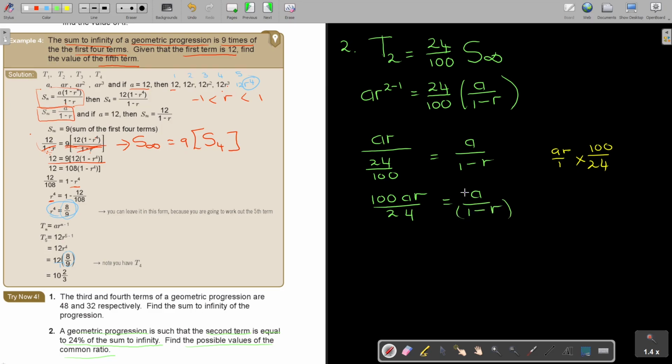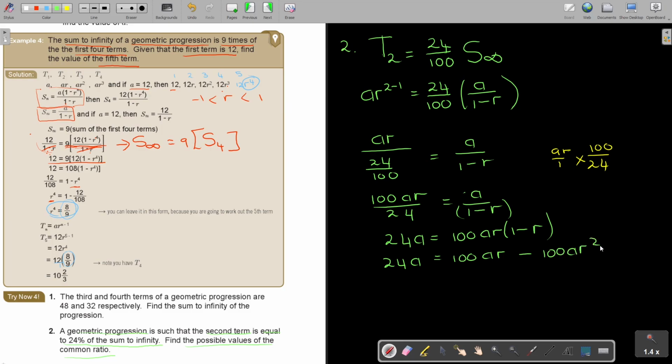It's one term equals one term, so I can cross multiply. So I get 24a equals 100ar(1 minus r). So it's 24a equals 100ar minus 100ar squared.